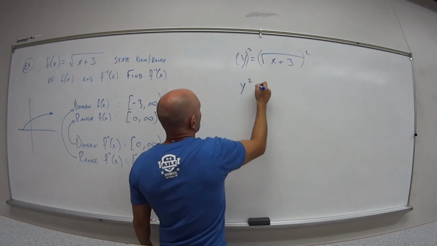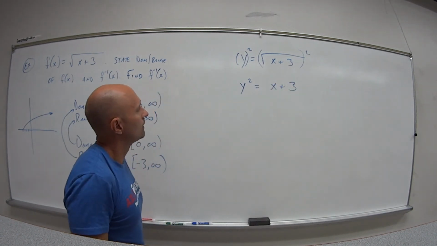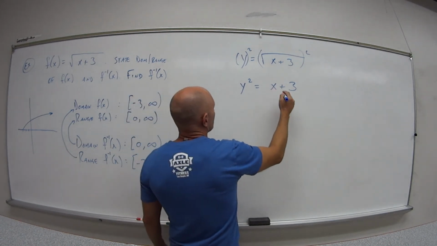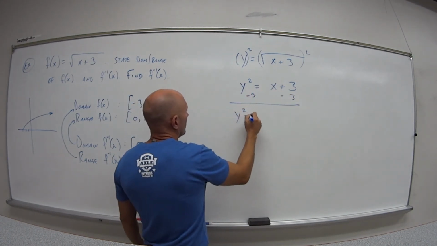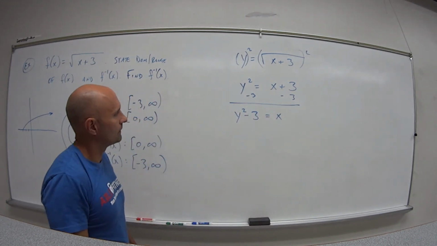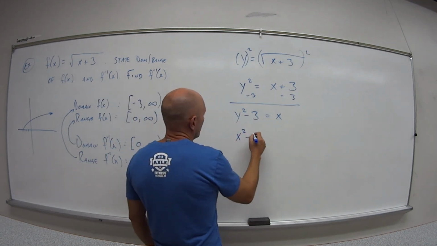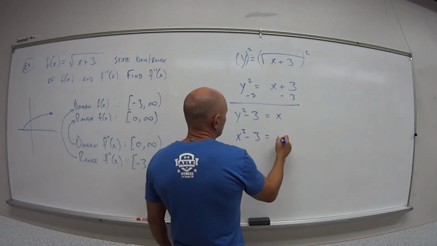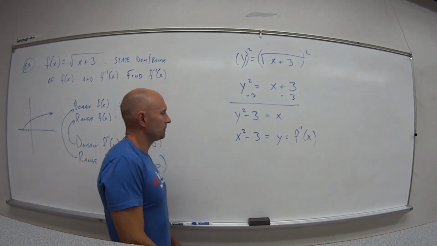So I get y squared is equal to x plus 3. And to get x by itself, I need to subtract 3 from both sides. So y squared minus 3 is equal to x. Now I switch my x's and y's, so x squared minus 3 is equal to y, which is the inverse function.